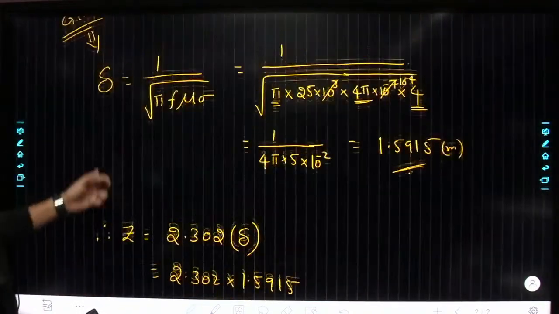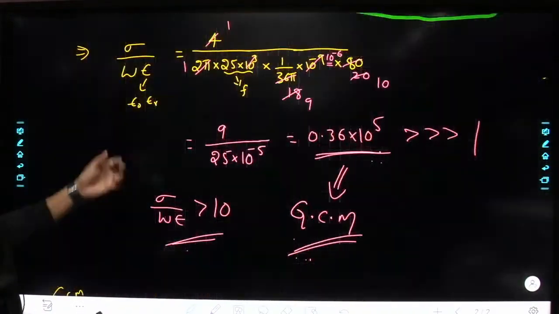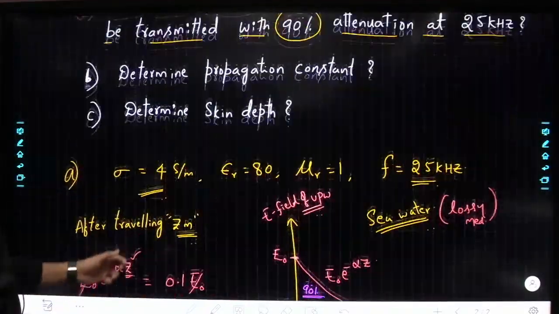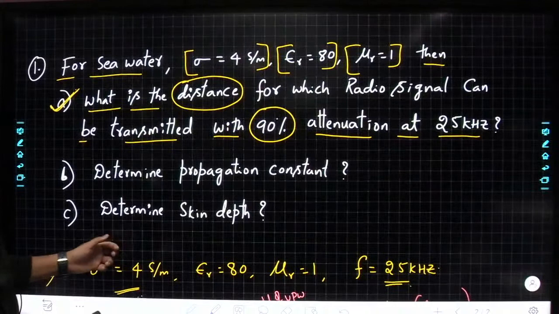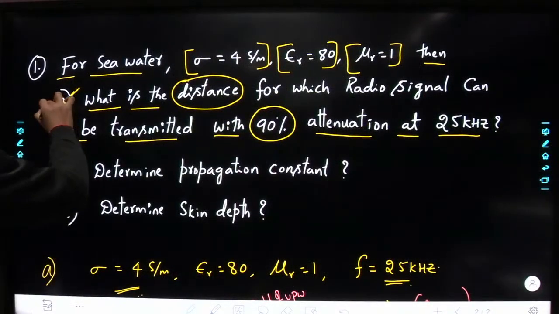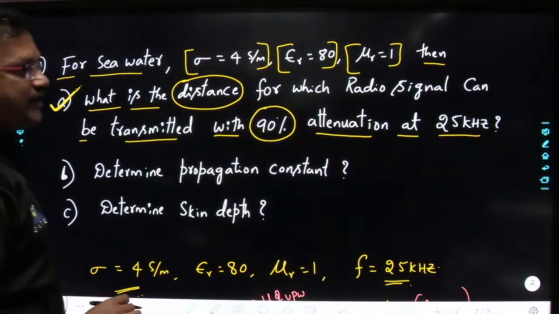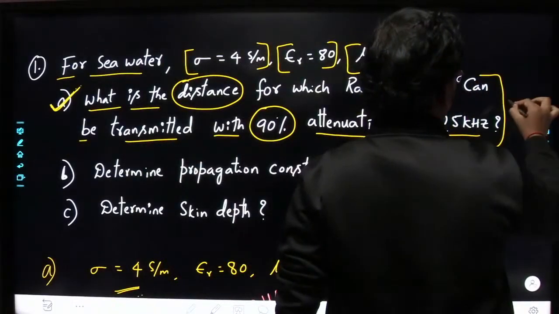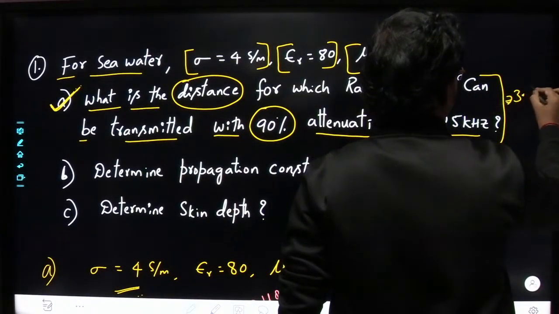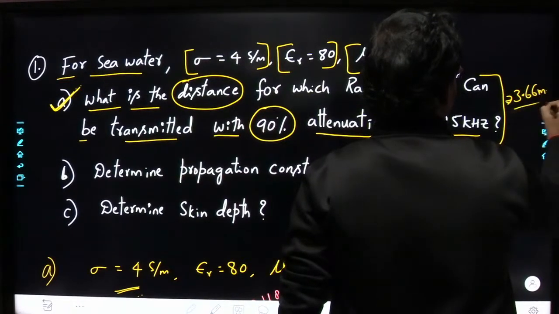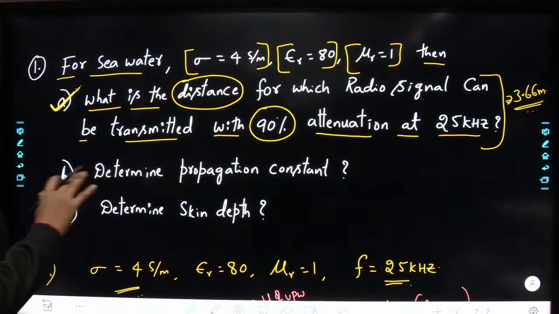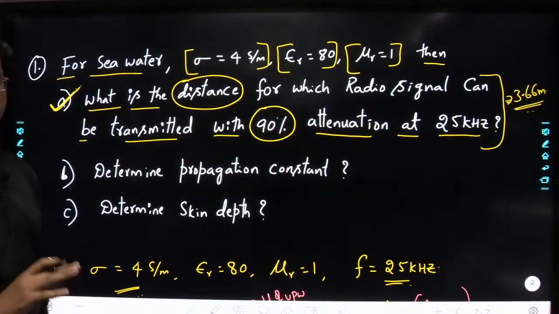So for this question A, what is the answer? 3.66 meters. After traveling a distance of 3.66 meters, the signal will be attenuated by 90%.